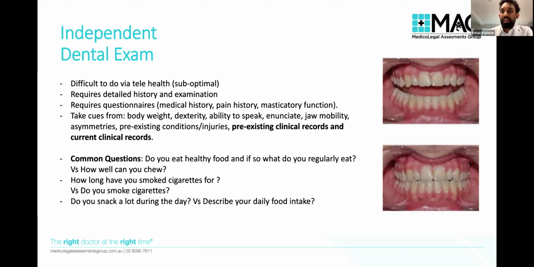We'll go through a few of those today in terms of what we do, saliva testing, an extraoral exam and an intraoral exam, and investigations that include pulp and sensibility testing, radiographs, and also jaw function and occlusion. So there's a whole range of stuff that we look at, and we need to go through systematically those processes in order for us to be able to make an accurate diagnosis and provide an opinion.